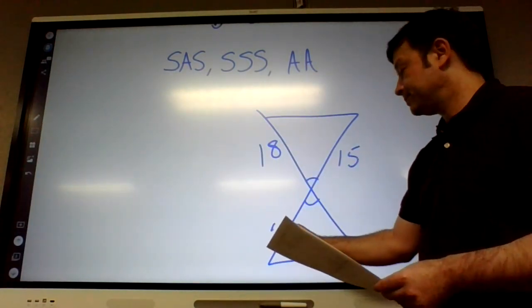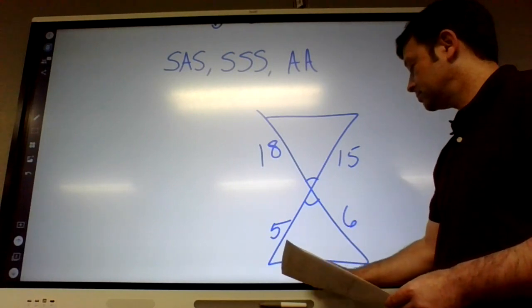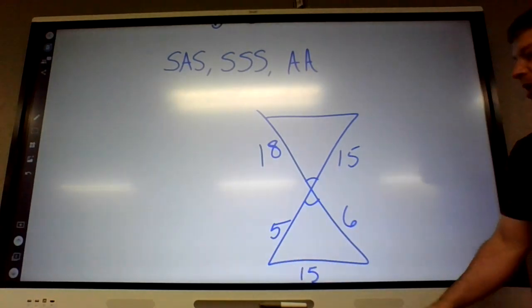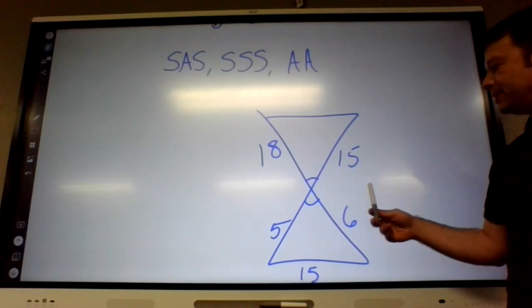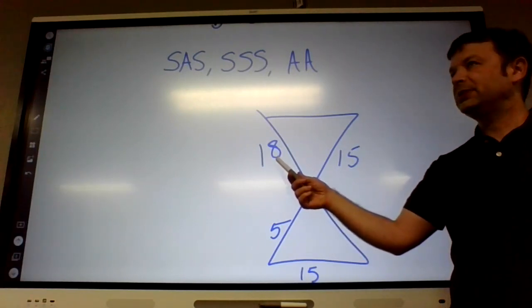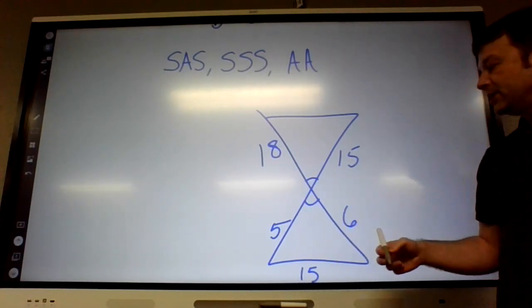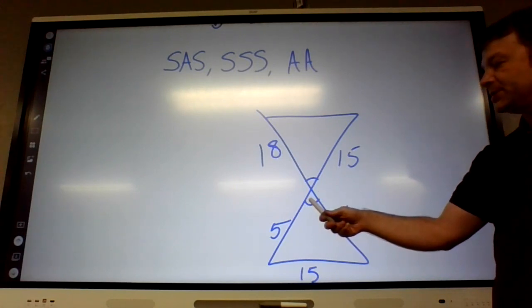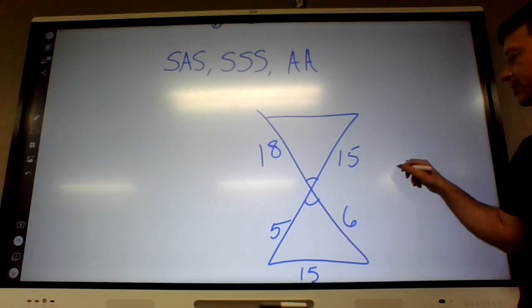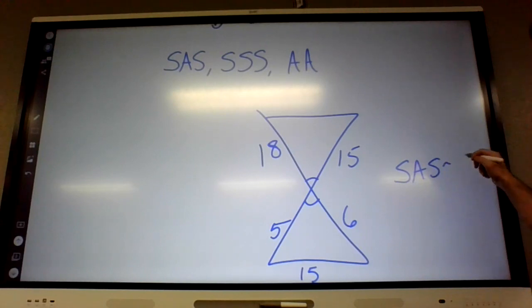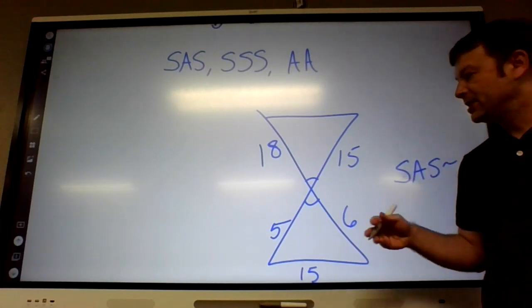So what do we got? Does 5 over 15 equal 6 over 18? Yeah, they both reduce to 1 to 3. And the angle between them is congruent, so it's by side angle side similarity. We know those are similar triangles.